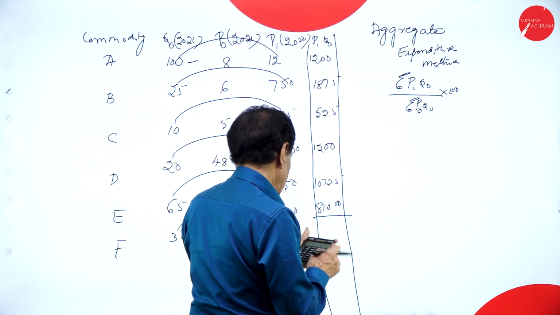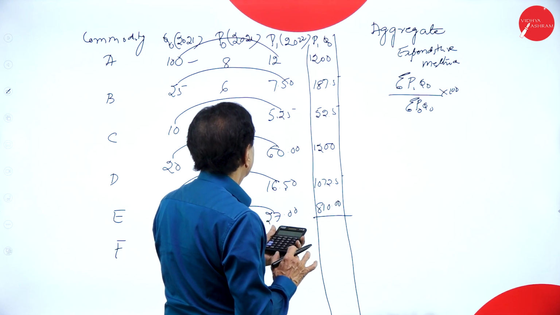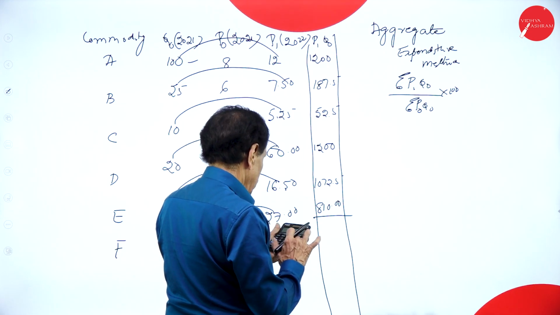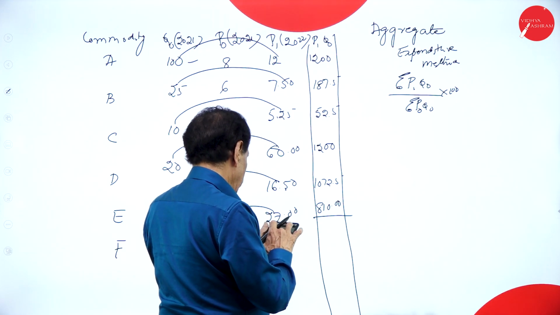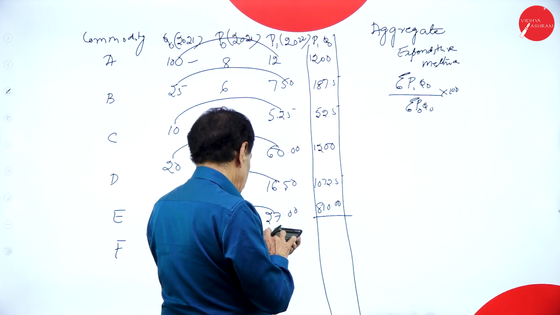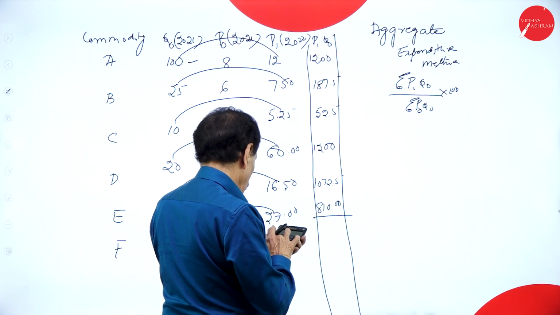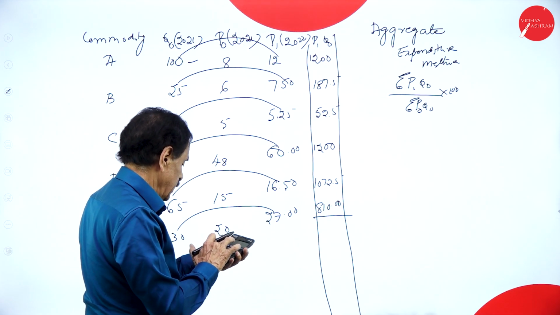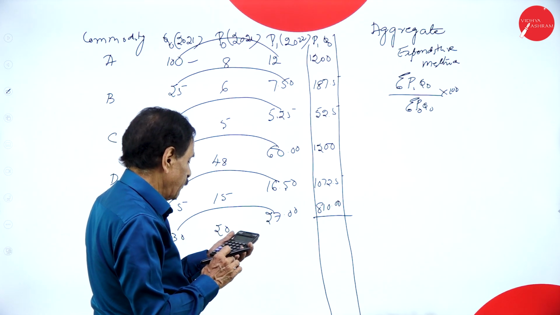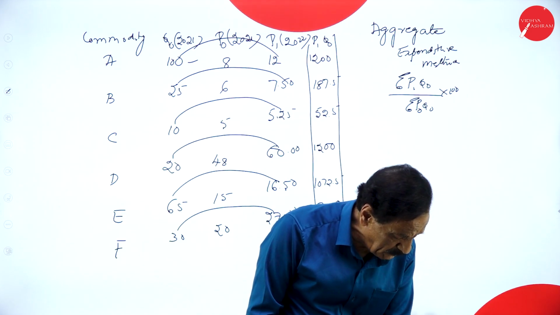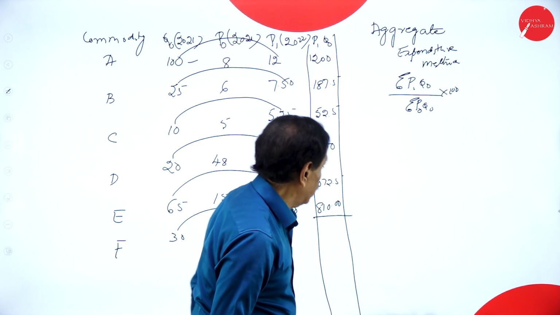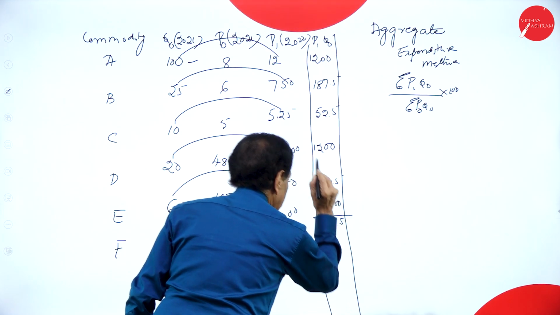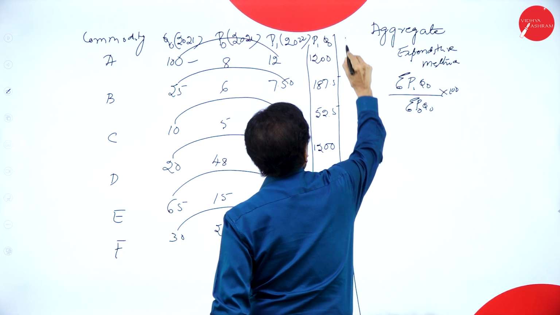So this is 1200 plus 187.5 plus 52.5 plus 1200 plus 1072.5 plus 810, which is 4522.5.